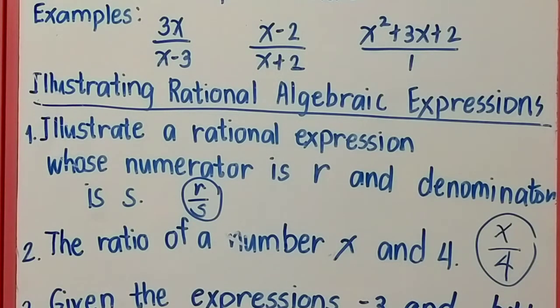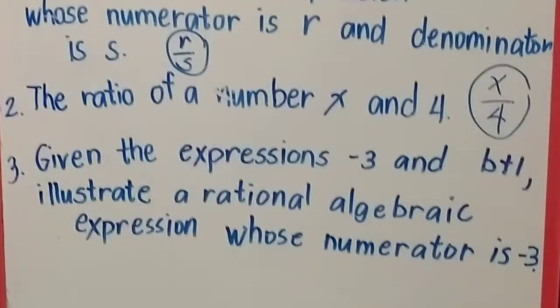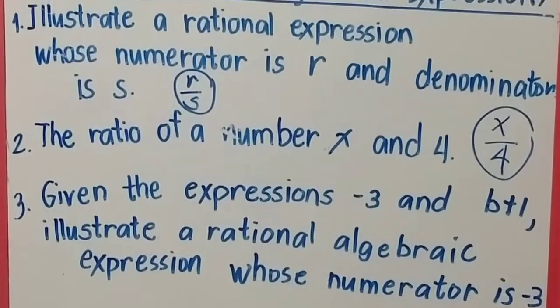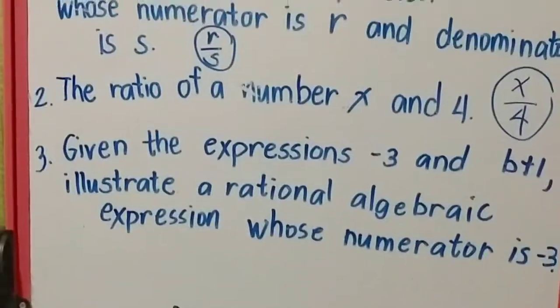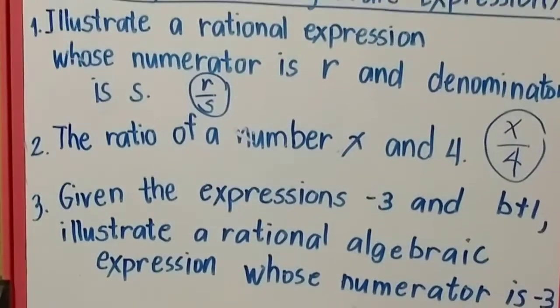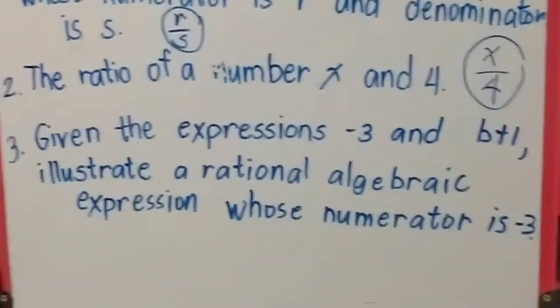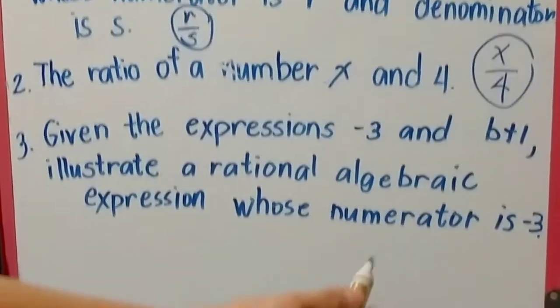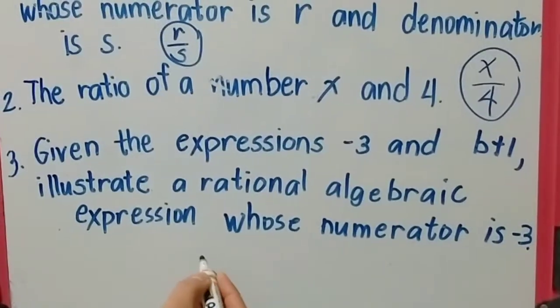Then number 3, given the expressions negative 3 and b plus 1, illustrate a rational algebraic expression whose numerator is negative 3. Again, this is very easy. We have two expressions here, negative 3 and b plus 1. It is already given that the expression we need to illustrate must have a numerator of negative 3.